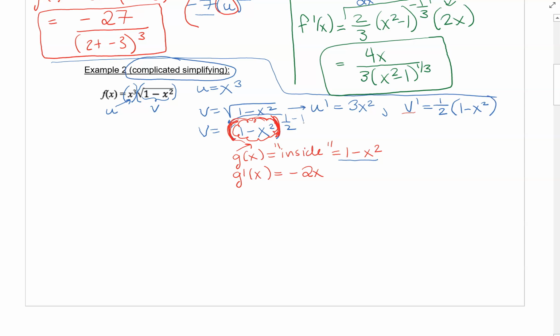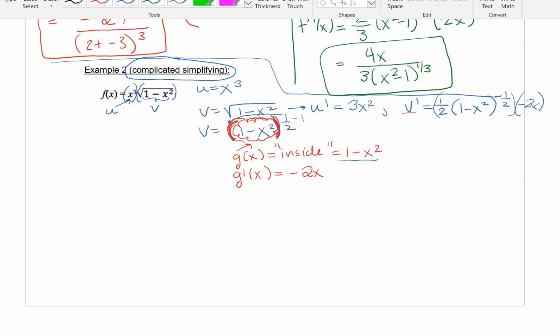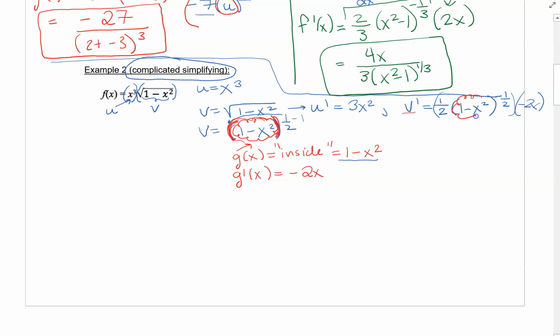I subtract 1 from the power, so that becomes a negative 1/2 power. But then I have to multiply by the derivative of the inside. I have to multiply this by negative 2x, which is the derivative of this inside blob.